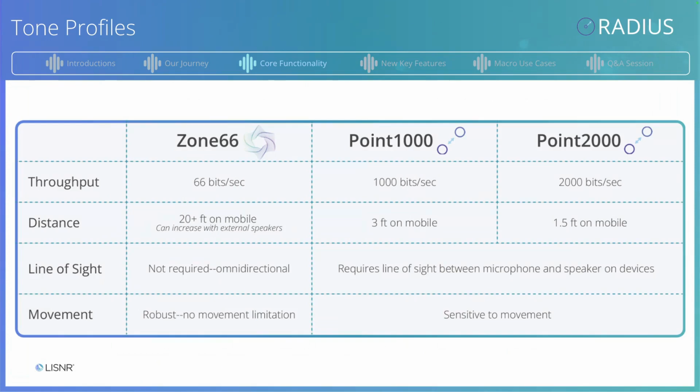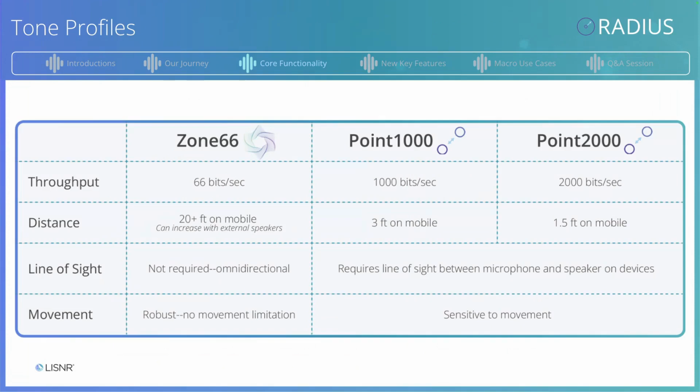Our tone frequencies sit anywhere between 16.5 and 19.5 kilohertz, depending on the channel that's selected. And for context, the average adult can hear frequencies between 0.02 and 16 kilohertz. And the frequency of me speaking right now is somewhere between 2 and 4 kilohertz. Hearing a tone is compared to ambient background noise for comparison.